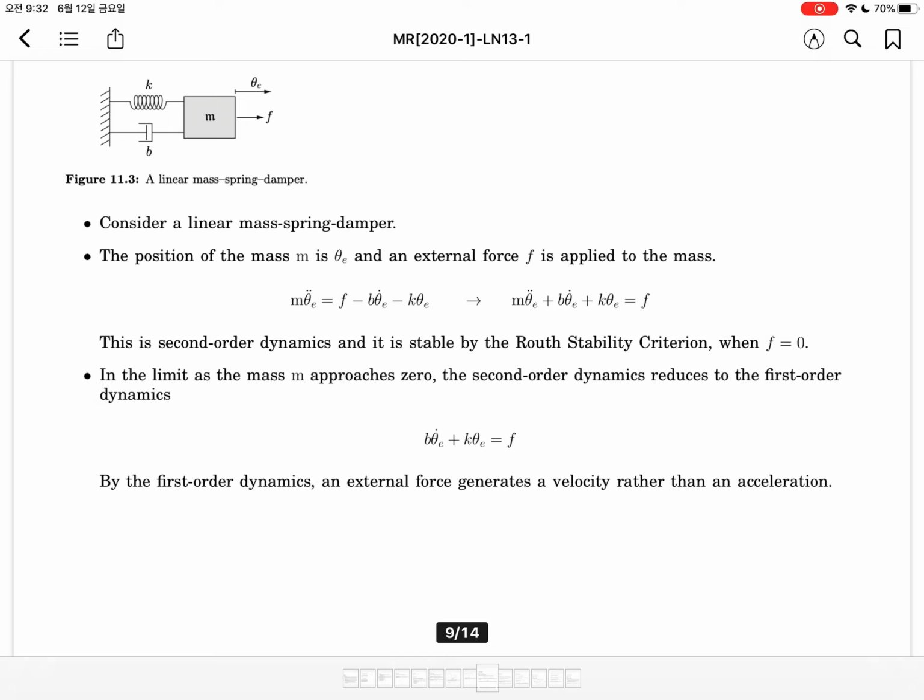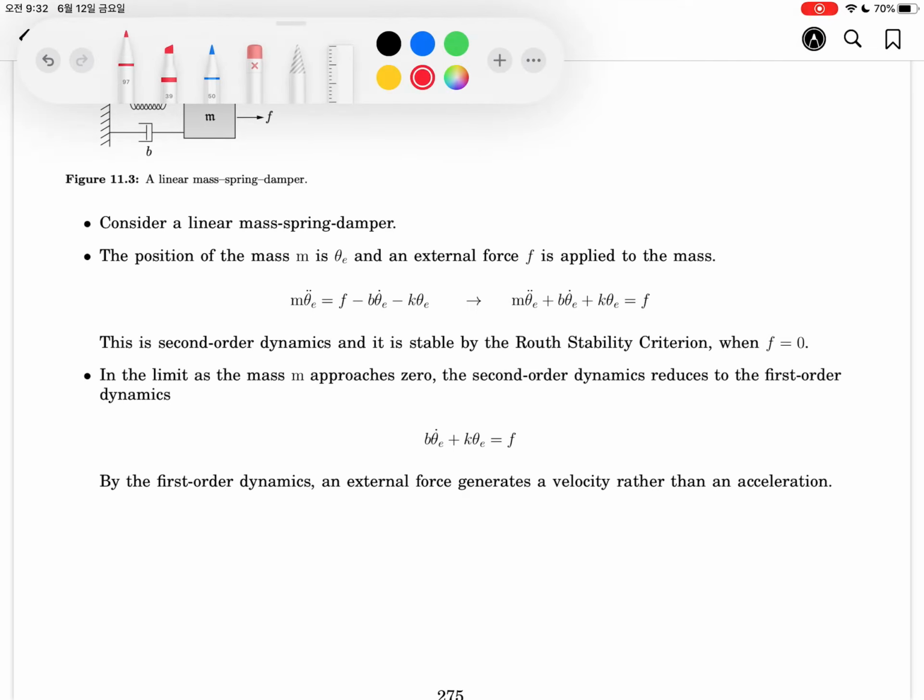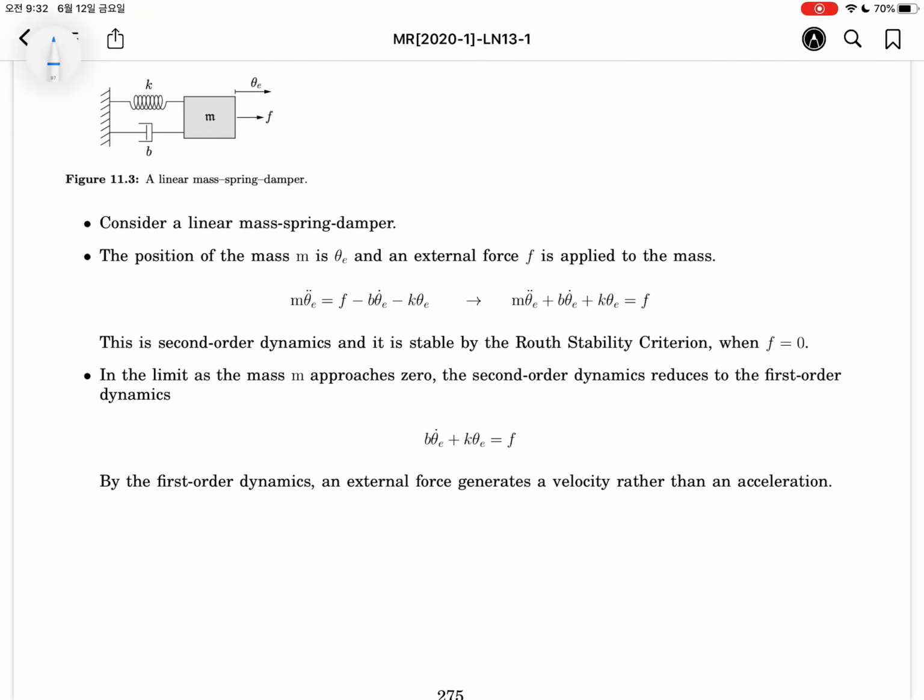Okay, let's assume that we have a mass spring damper. Then we will apply Newton's law to obtain the equation of motion. The inertia is given by m. The displacement is denoted by theta e to make the equation consistent. So m theta e double dot is the inertial force of this system, and the inertial force should be equal to the sum of the external forces.